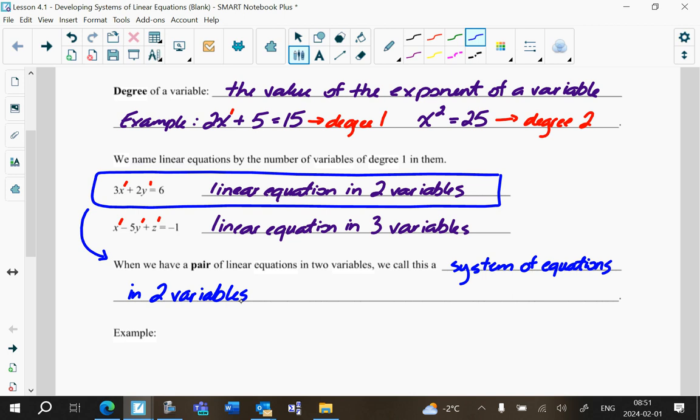That's what we're going to focus on, like the example I gave you at the beginning.